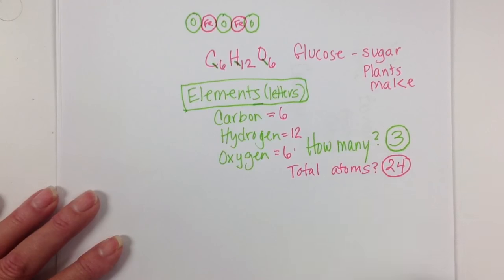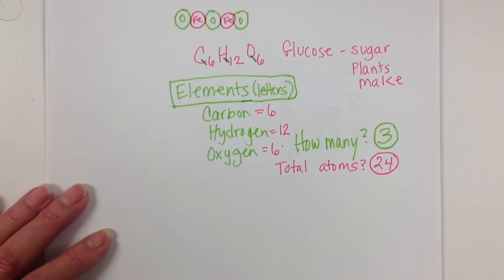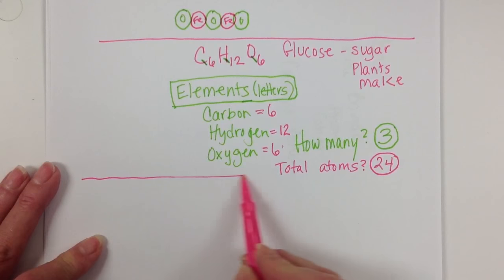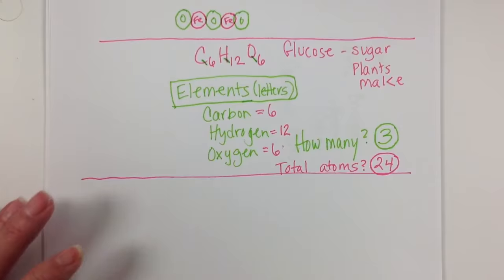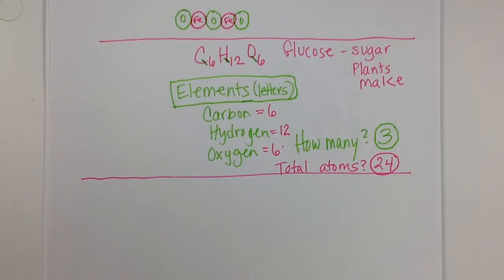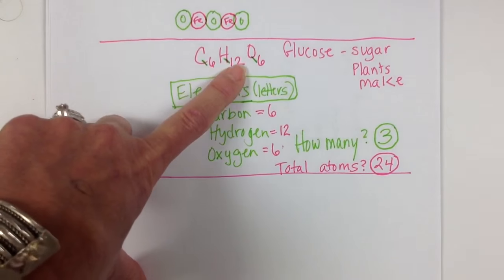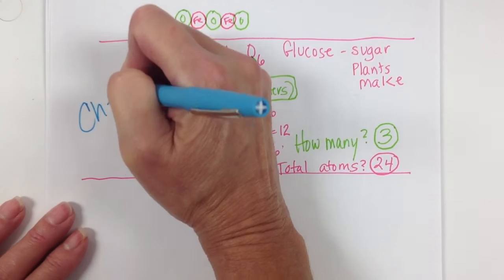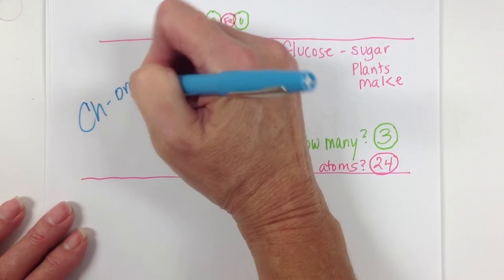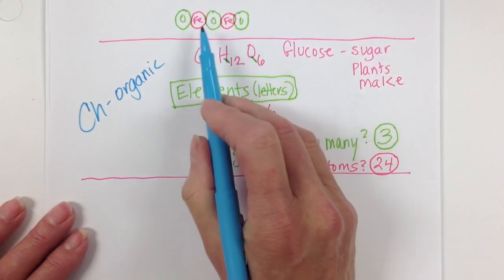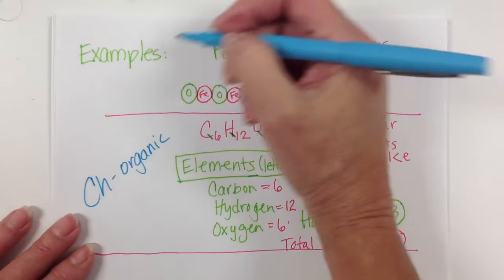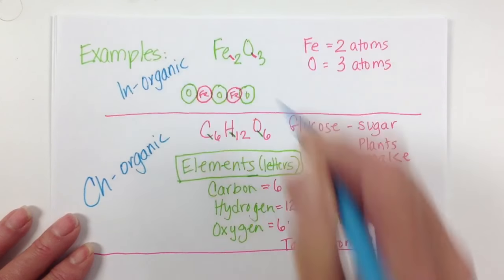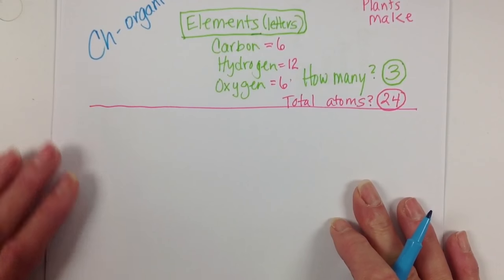We have 24 total atoms that make up the glucose compound. All right, let's try one more. Oh, by the way, you also could describe this as what type of compound. It's organic, right? Whereas rust was inorganic. All right, good job.